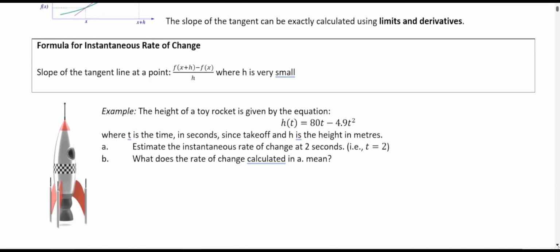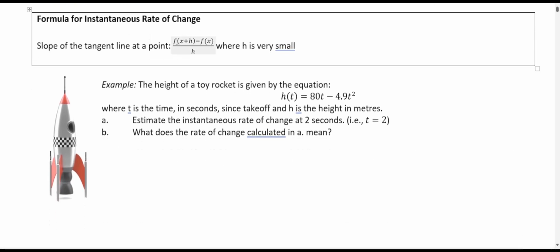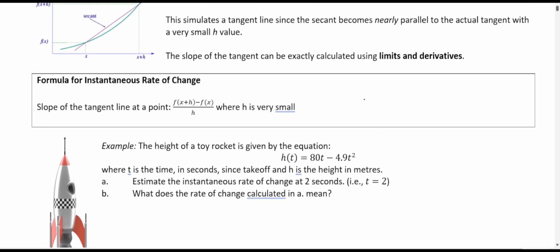So the formula for instantaneous rate of change is given as f of x plus h minus f of x, over h. Now you might be wondering, why is it just h? Well, this is just slope, right? So we're just going to take f of x plus h, which is my y2 value, minus my y1 value, which is right here, that's my f of x.